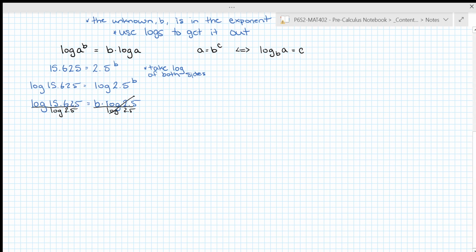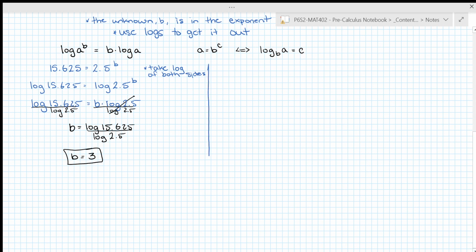So my b value is equal to the log of 15.625 divided by the log of 2.5. Plug that into your calculator. You'll get 3.